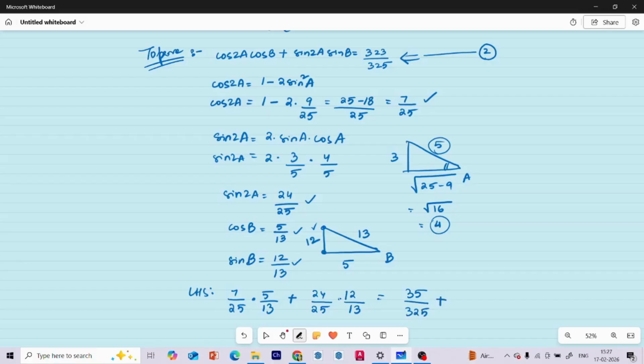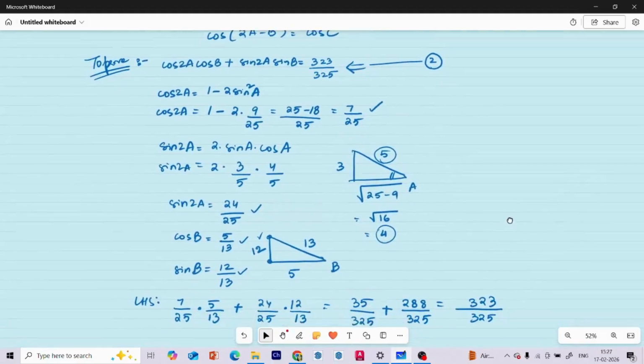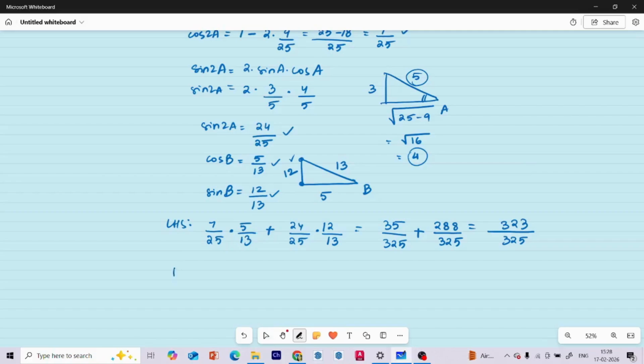Okay, plus 24 into 12 gives us 288. So 288 by 325. Again like terms, for both we will take denominator 325 and then adding them up you will get 323. Does this match our RHS value? That's it. So RHS is equal to 323 by 325. So from these two statements I can say that LHS is equal to RHS, and so hence proved.